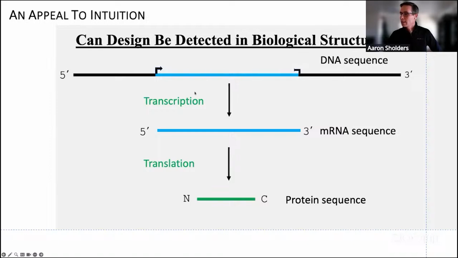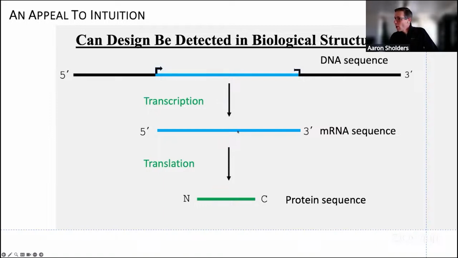And there's this process that scientists, biochemists, call transcription that takes that gene and converts it to an mRNA sequence. Transcription takes a large number of protein machines and other genes, molecular machines, to do this. Okay.